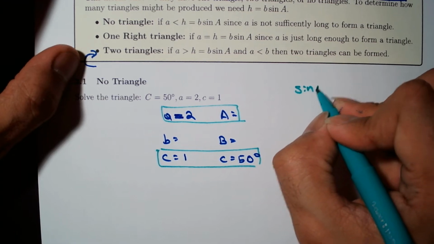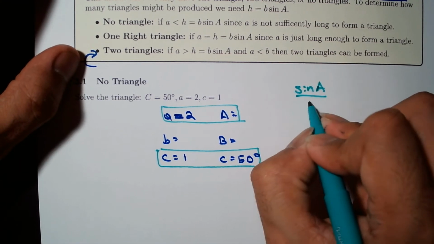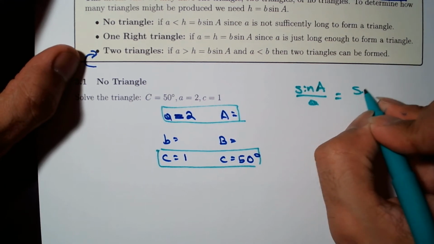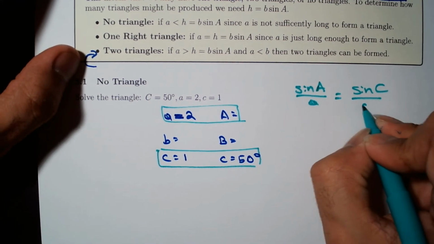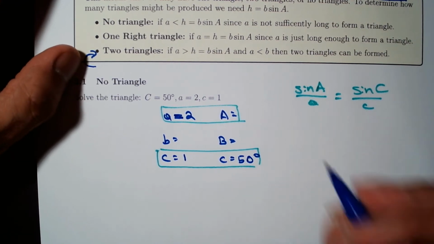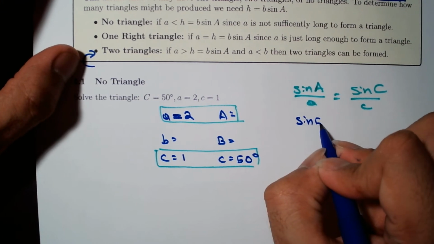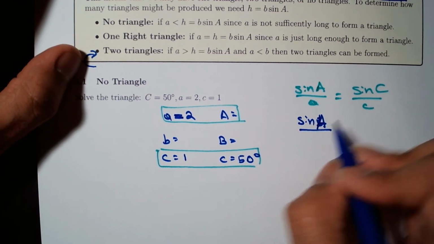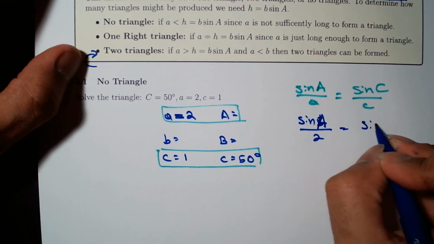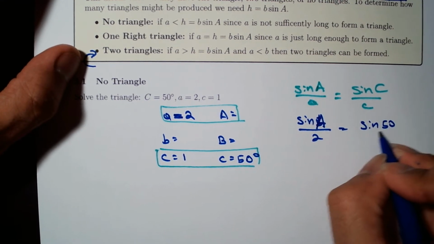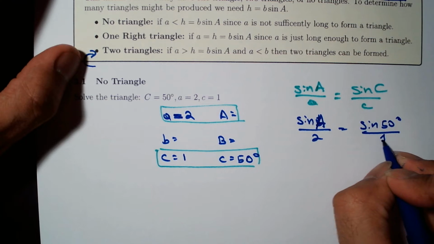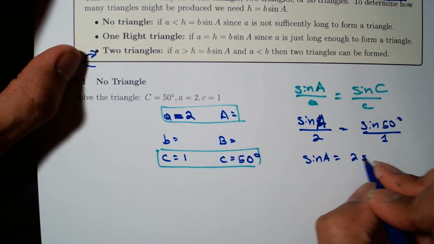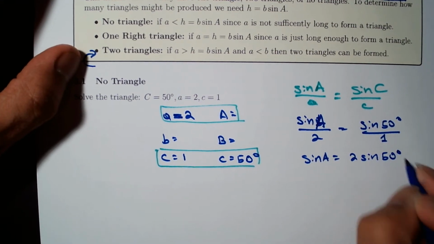Sine A divided by side A equals sine of angle C divided by side C. Substituting the numbers, sine A over 2 equals sine of 50 degrees over 1. So sine A equals 2 sine 50 degrees.